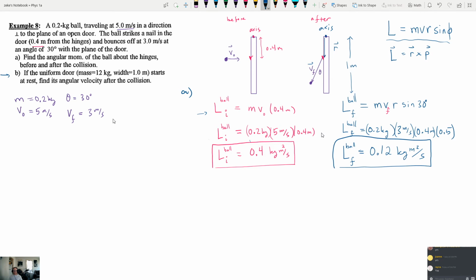If it starts at rest, we want to find its angular velocity after the collision. Okay, what can I do to calculate that?